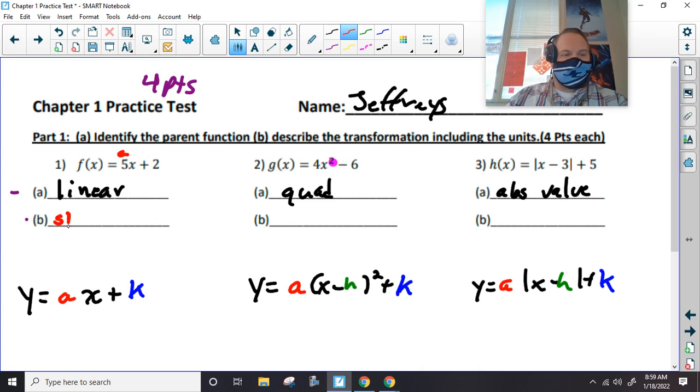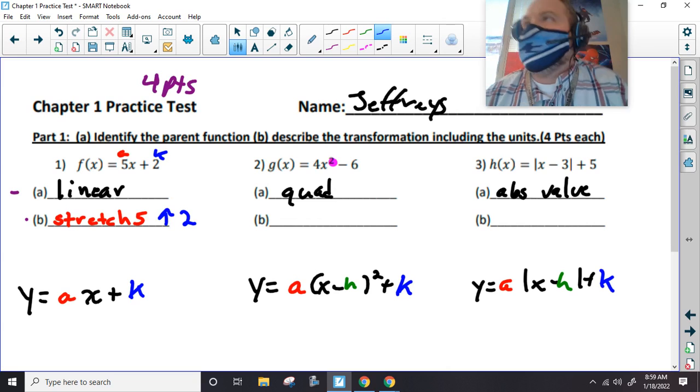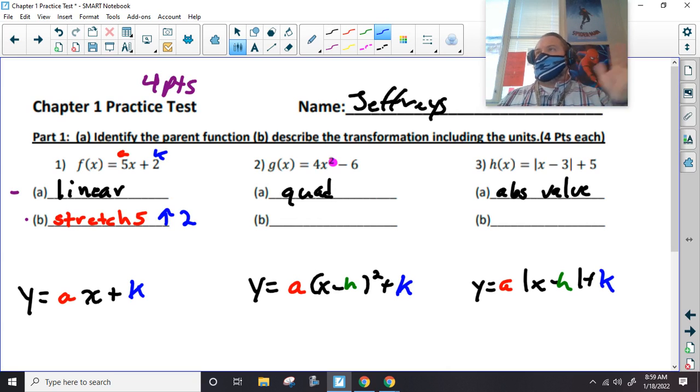This means we have a stretch of 5. We have a K of 2. So this means up 2. Believe it or not, with those 2 things, that's 8 points right there.